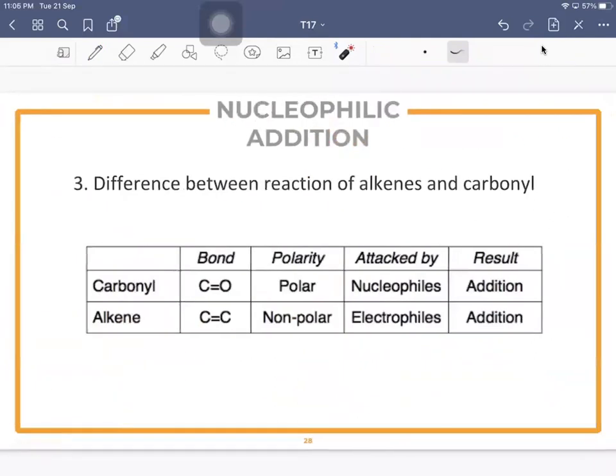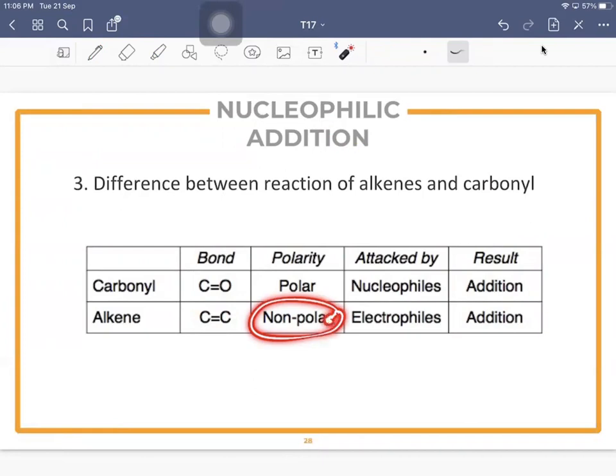For the third point, this table is just to show you the difference between the two mechanisms of your carbonyls and alkenes. Both of them contain a double bond. So that's why they will result in addition reaction. Okay. The difference is in polarity. Your alkene, C double bond C, there is no difference in electronegativity. So we say that this bond is nonpolar. But when you look at the mechanism in topic 14, was it topic 14?